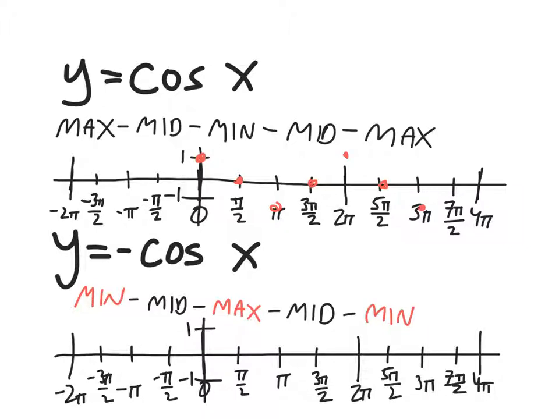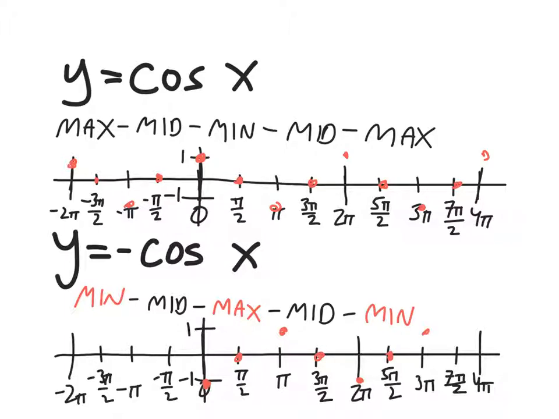Then it just keeps going through that same cycle, very similarly to what the sine function did. And y equals negative cosine of x is the reflection of y equals cosine of x. So instead of starting at its maximum, it's going to start at its minimum and then go to the midline, maximum, midline, minimum.